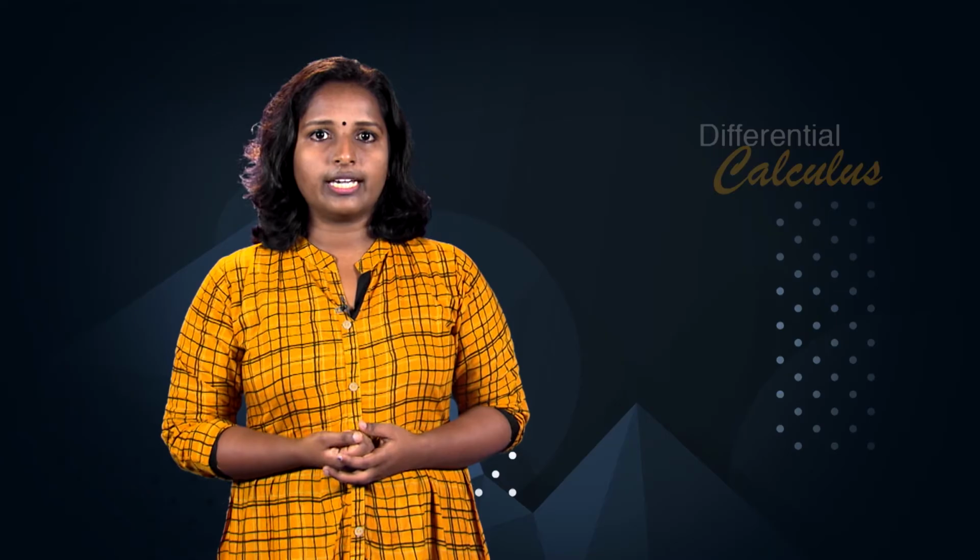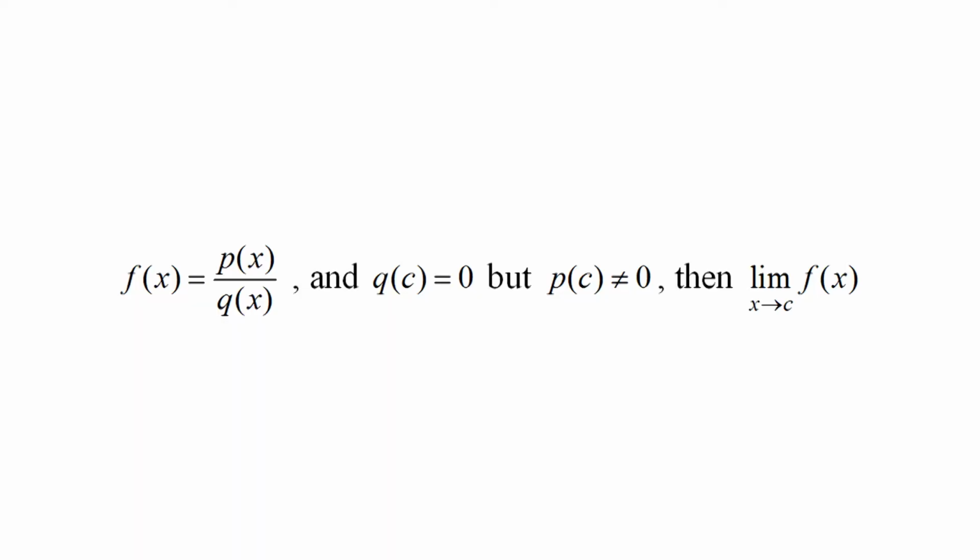We show that in case 1 the limit does not exist. That is, if f of x equals p of x upon q of x, and q of c equals 0 but p of c not equal to 0, then the limit of f of x as x approaches c does not exist.